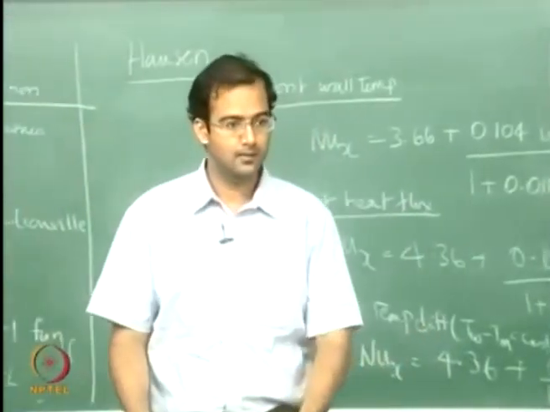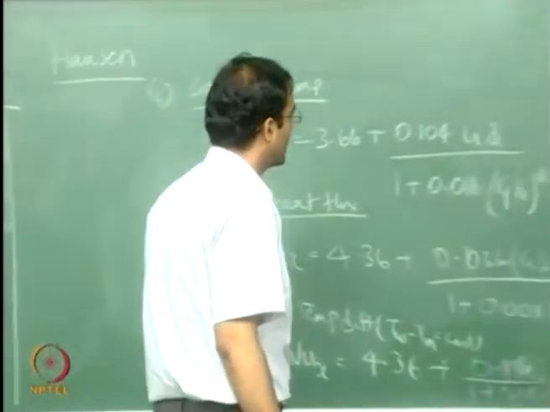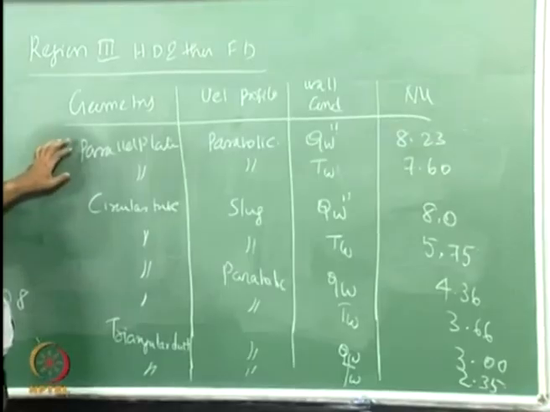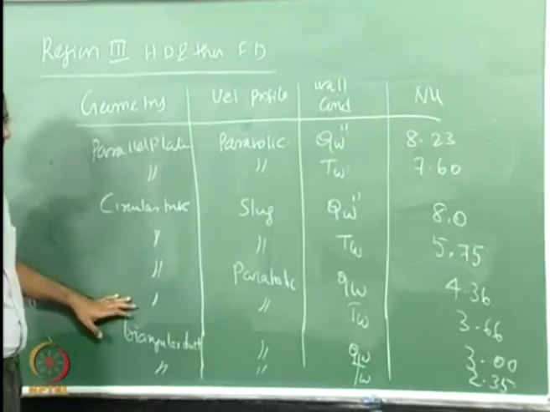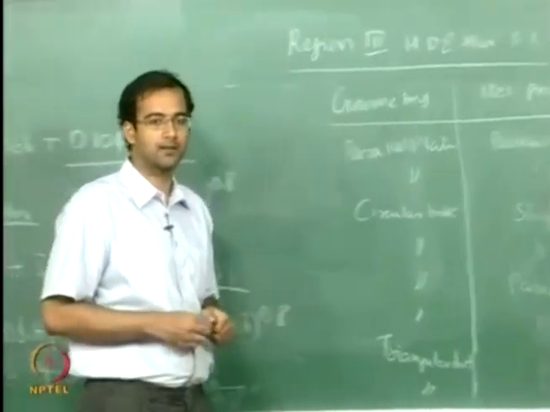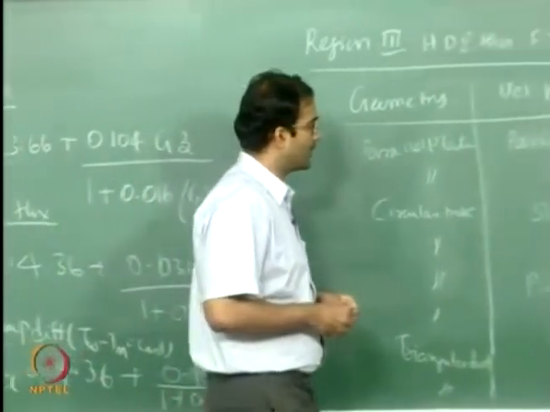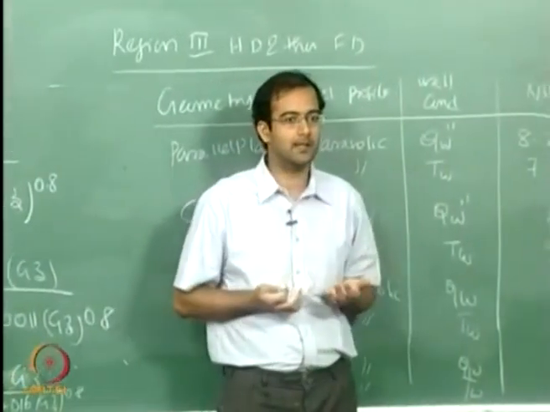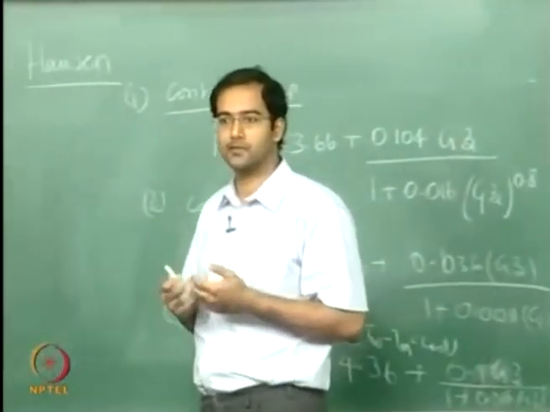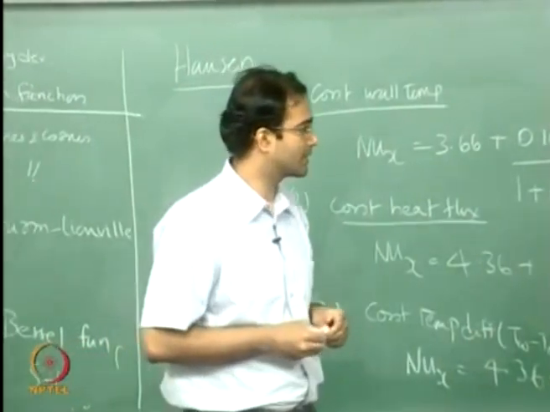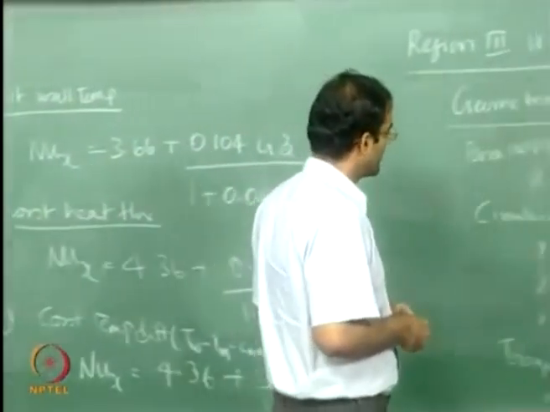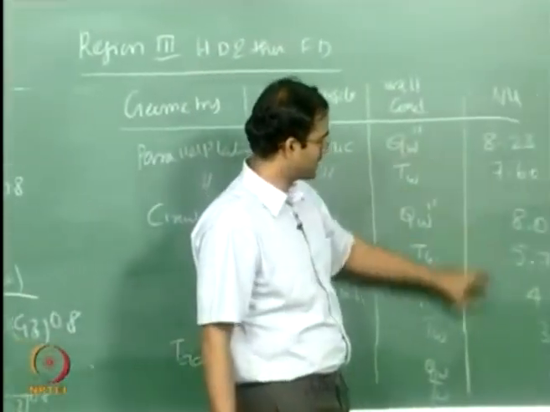Okay. So this is the summary of the region 3 results. We have already done circular tube completely, more or less. And parallel plate is much easier than this, because you will not have any Bessel equation, you will have a straightforward ordinary differential equation for which you can find sine and cosine functions. Then you can see the order in which the Nusselt number decreases.